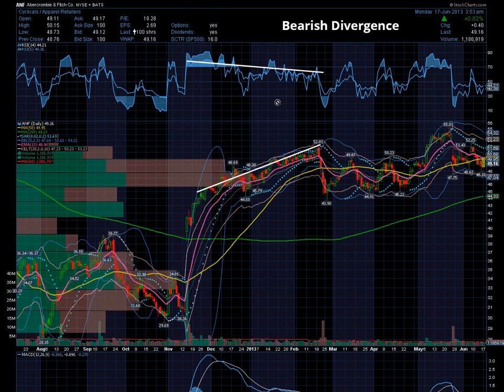Other ways to read the RSI would be bearish and bullish divergence, which I will touch up on the bearish divergence first. So with bearish divergence, you're going to be seeing the RSI finding lower highs as the price per share of the stock is finding higher highs, as right here. The RSI is kind of trending down overall, while the price per share is maintaining gains.